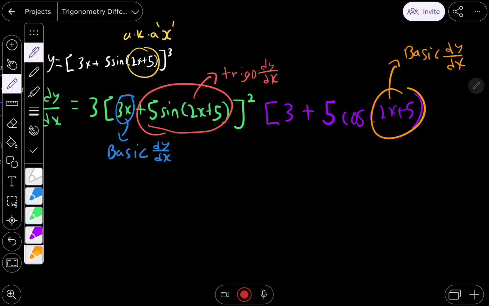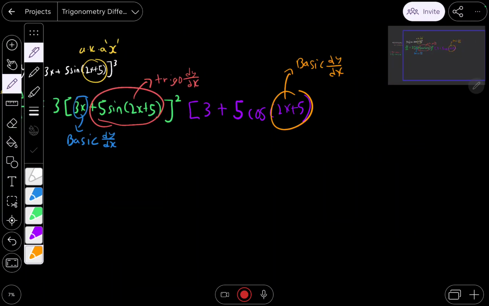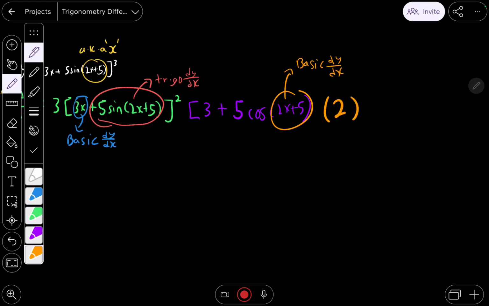Alright, and when we differentiate the inside bracket, what do we get? We get 2, isn't it? And then we finally can close the bracket. So remember, constant, ignore, and then differentiating 2x will just be a 2.